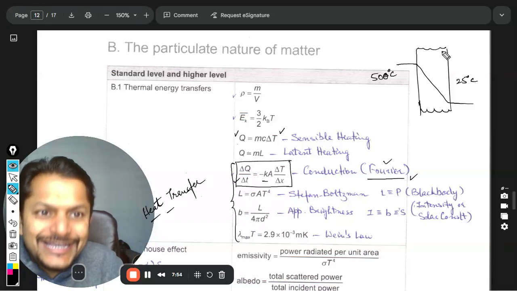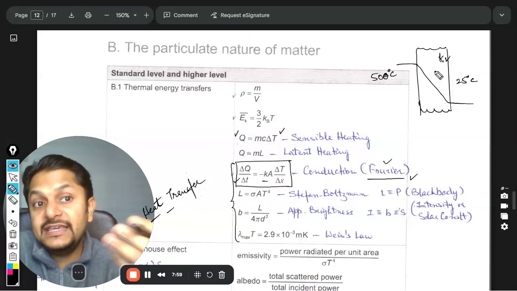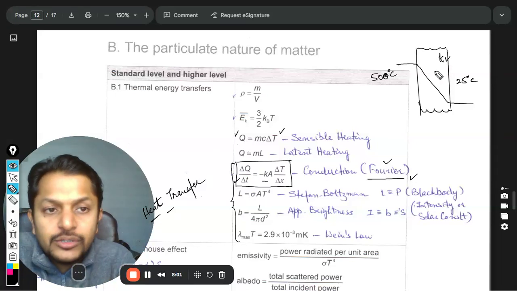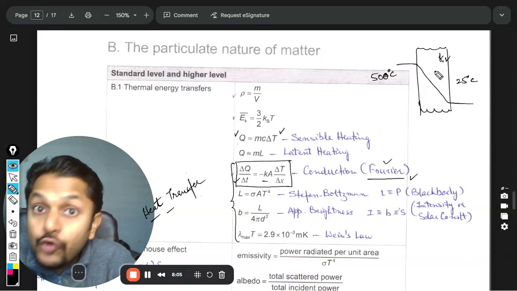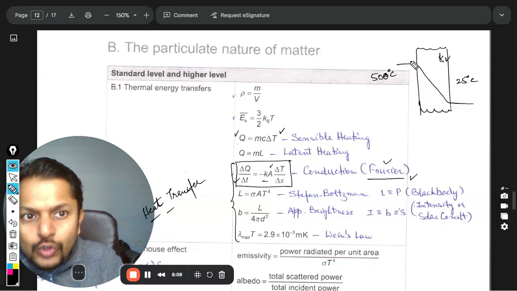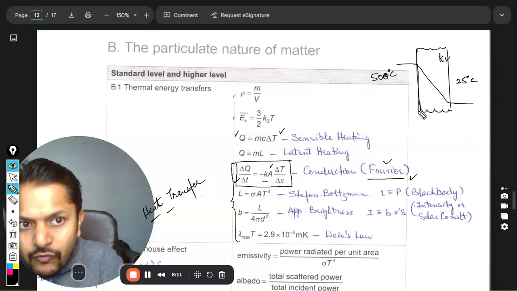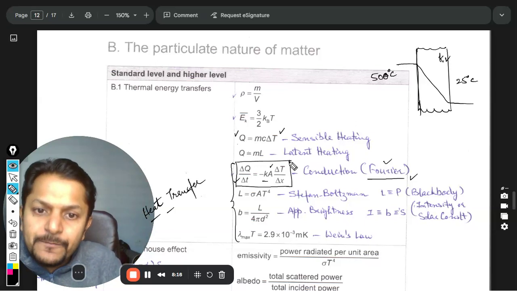So k is the coefficient of thermal conductivity, like how good is the conductor or the properties there. You might be talking about the metal, you might be talking about the wood. So the k value will be given to you. A is the total surface area of the wall here. So bigger is the wall, of course, more will be the heat transfer.